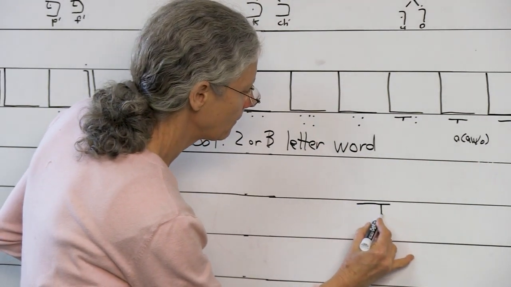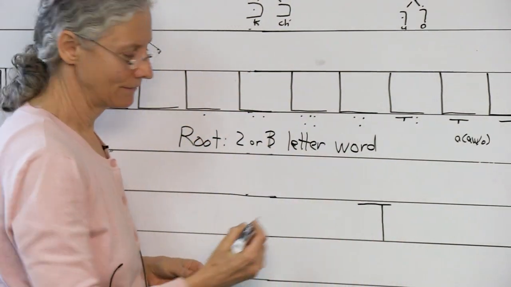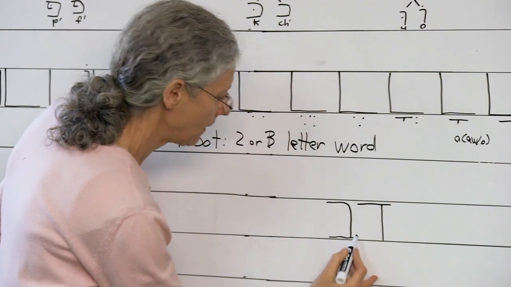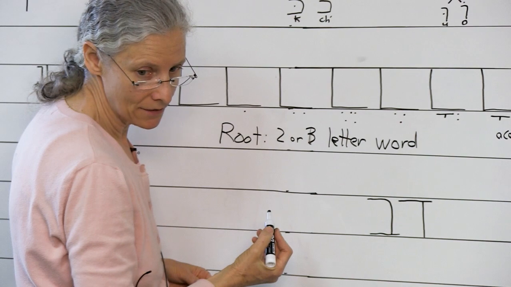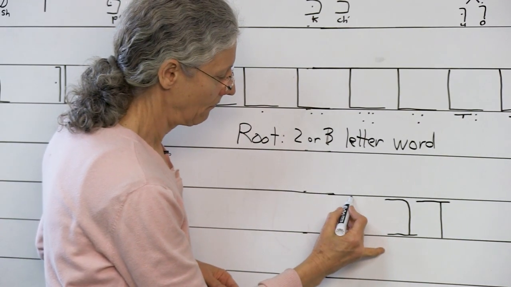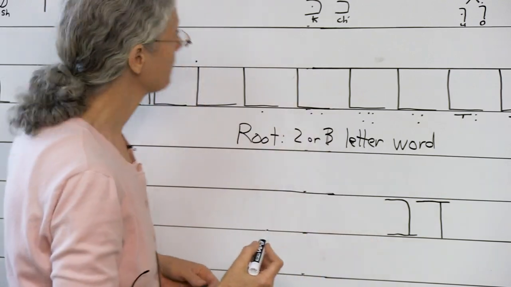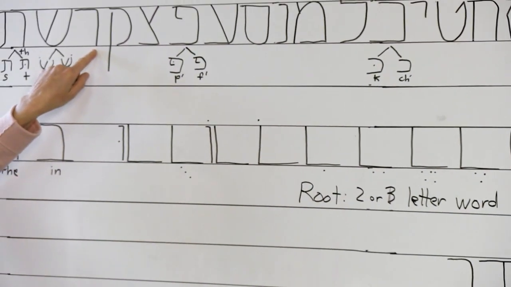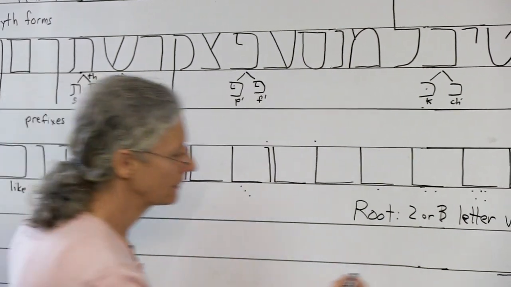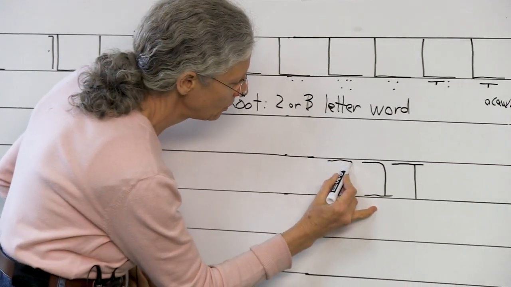Okay, next, beit. Okay. And the last letter? It's the one before Sheen. That's right. The one before Sheen is Tzadi, Kuf, so Resh.